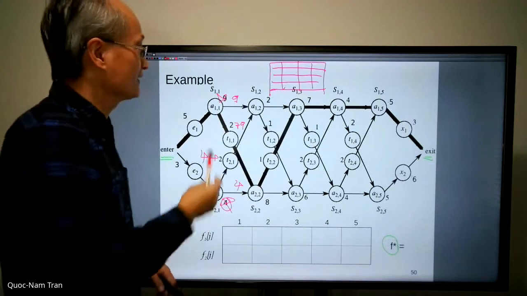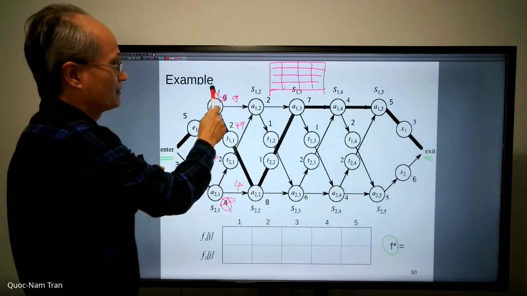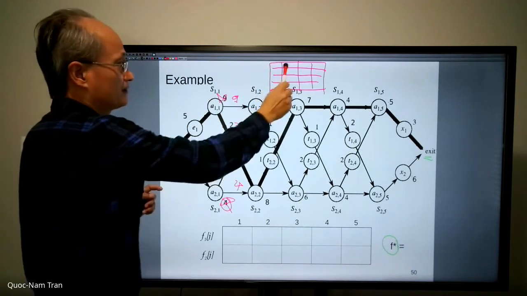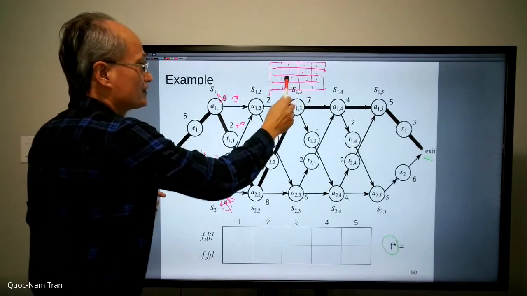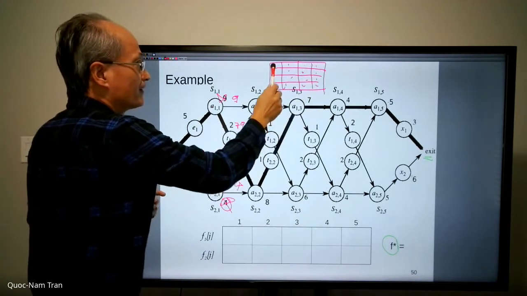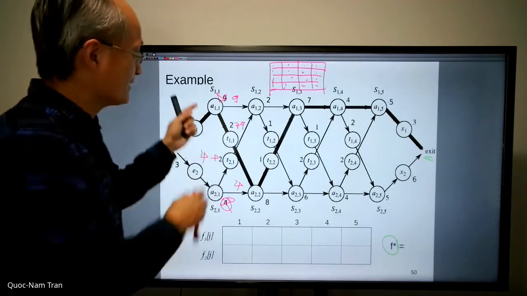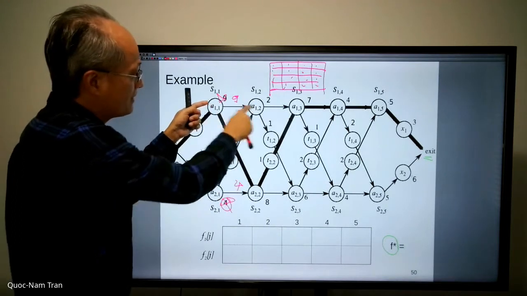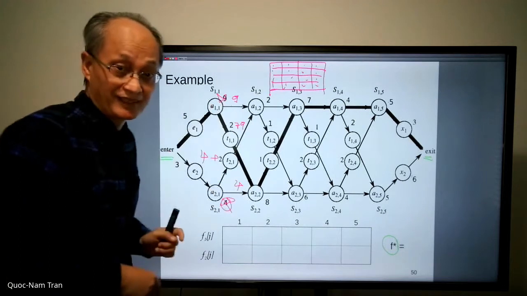Okay, so let's say from S11 to enter, right? So we need to keep track of every distance here. So for every point here, we need to look for the adjacent nodes and then update the value of the edge, right?